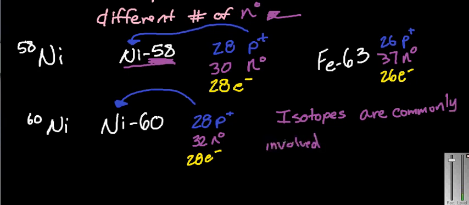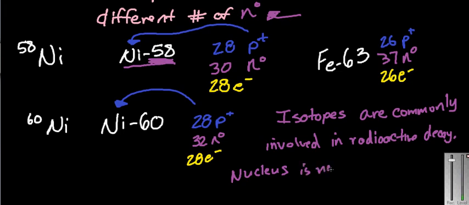Let me rewrite this, just so I don't confuse anyone. The reason for that is because the nucleus is not stable. It is not stable because it doesn't have the intended number of neutrons, so the nucleus is constantly decaying away.